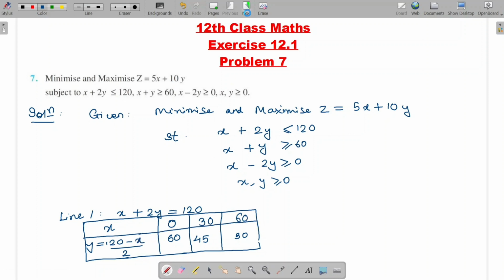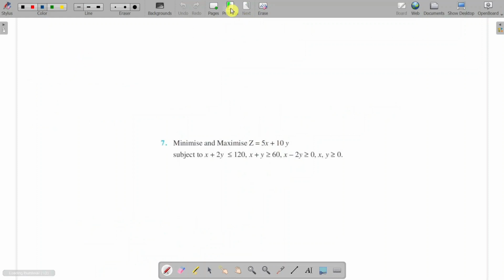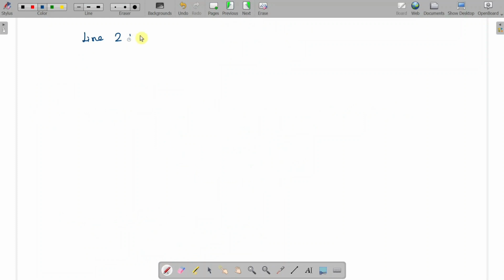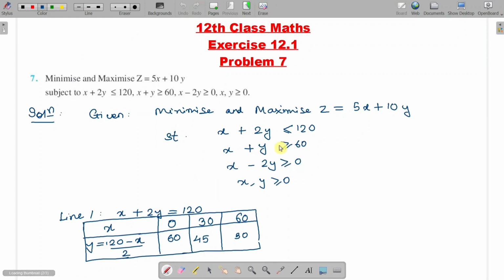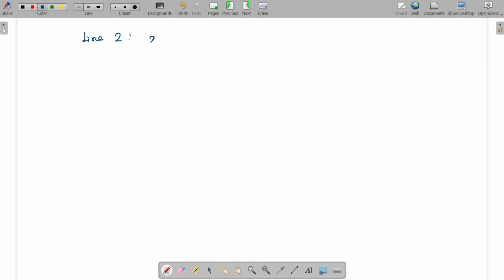Now line 2, let us consider. So line 2 corresponds to the second inequality. So x plus y equal to 60, so y is 60 minus x.